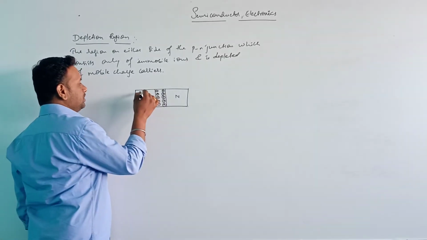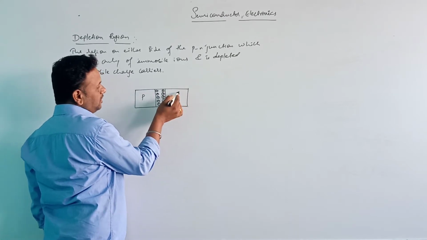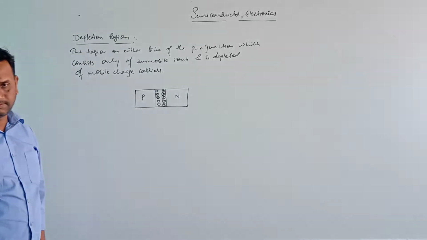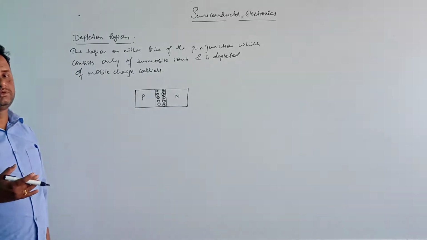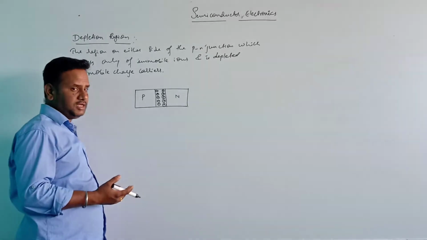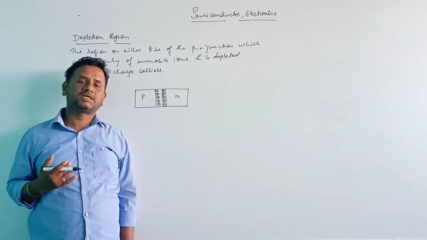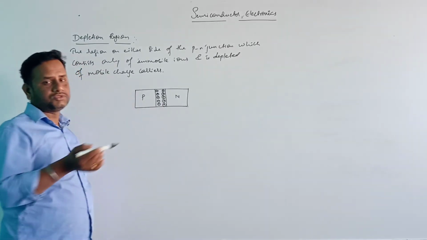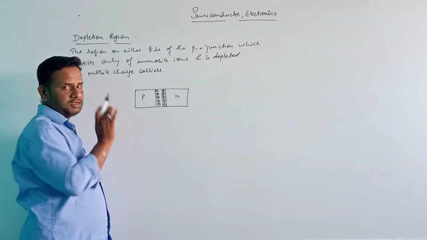So the holes will diffuse towards the N region and the electrons will diffuse towards the P region. Because of this motion of the charge carriers, a diffusion current is formed.